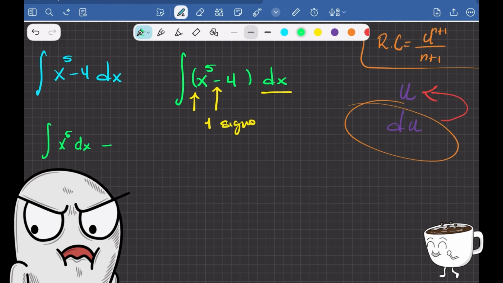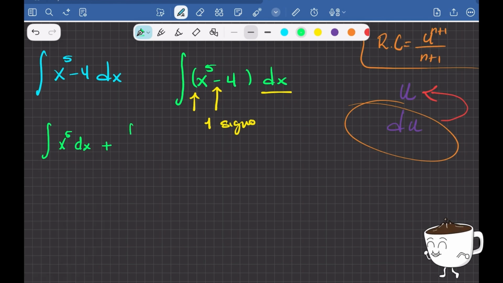We will have this plus, let's put plus to start, the integral of minus 4 dx. The dx affects both, and this sign allows us to separate and convert into the sum of two integrals. Now let's see what happens with the signs, because that minus 4 is going to be affected by the plus on the outside.